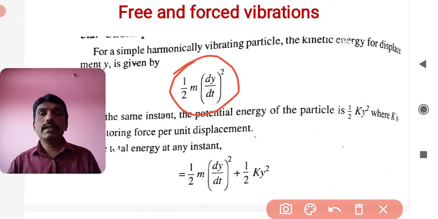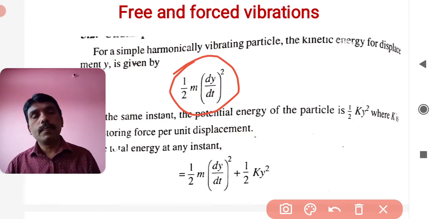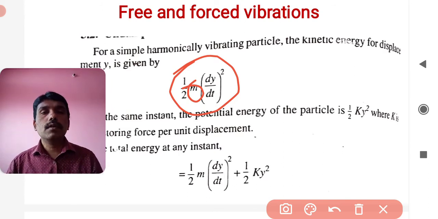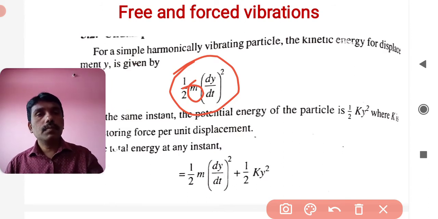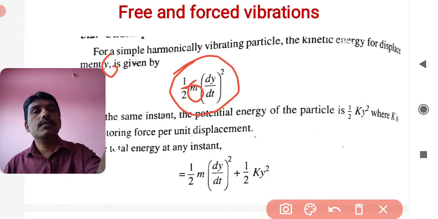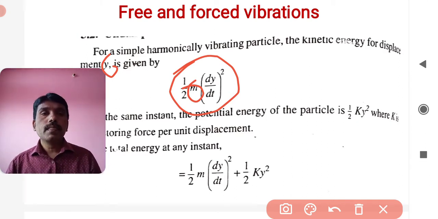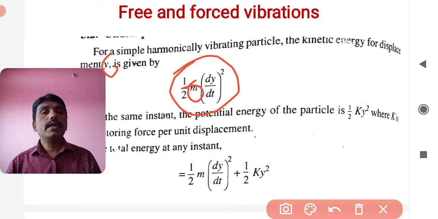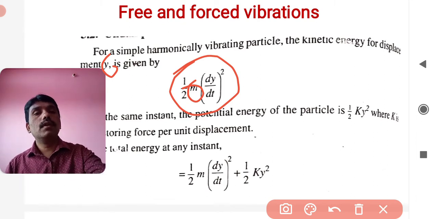That is, kinetic energy is half m v square. m is the mass, and what is dy/dt? Displacement is y, so displacement with respect to time is velocity, and (dy/dt) square means velocity square. That's why the simple harmonic vibrating particle has kinetic energy, half m v square, which is half m into (dy/dt) whole square.